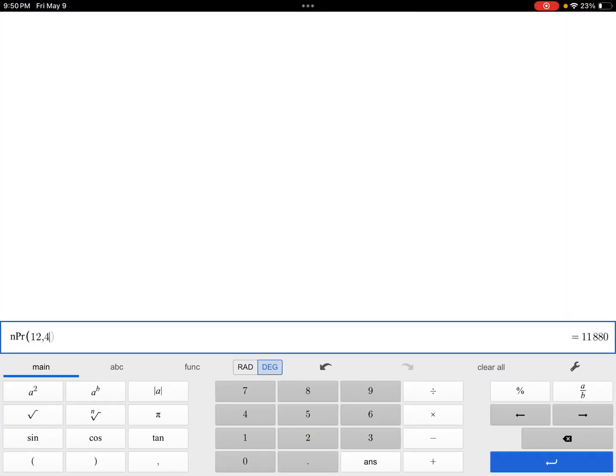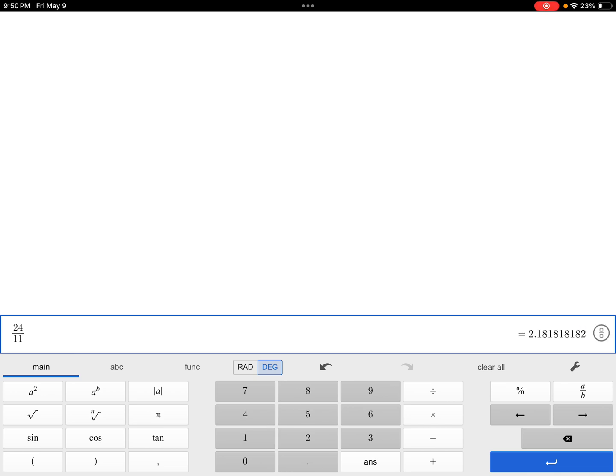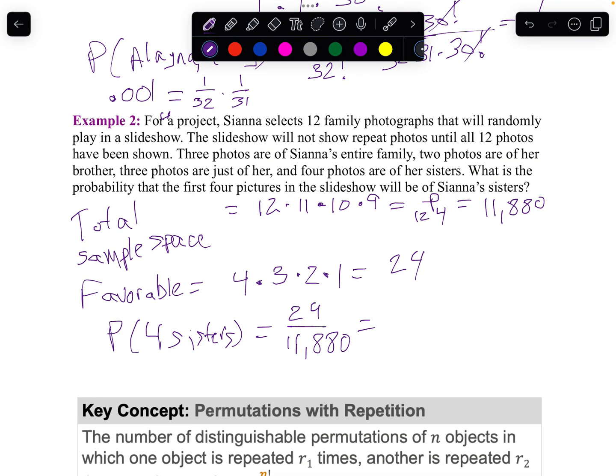So if I do 24 divided by 11,880, then we'll get less than a 2% chance, right? So 0.002 probability that the first 4 pictures will be of the sisters.